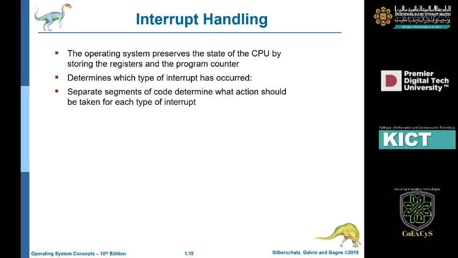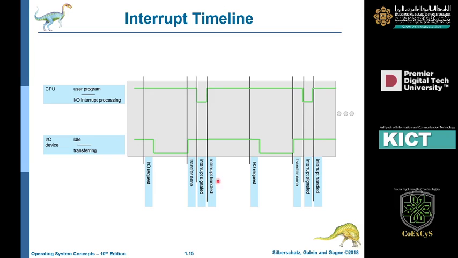So let's continue. Interrupt handling on the operating system. The operating system preserves the state of the CPU by storing the registers and the program counters, right? So what this means is that if you notice in this picture, we're running a user program, right? Whenever we're running a user program, there's particular code that's running on the CPU already, right?